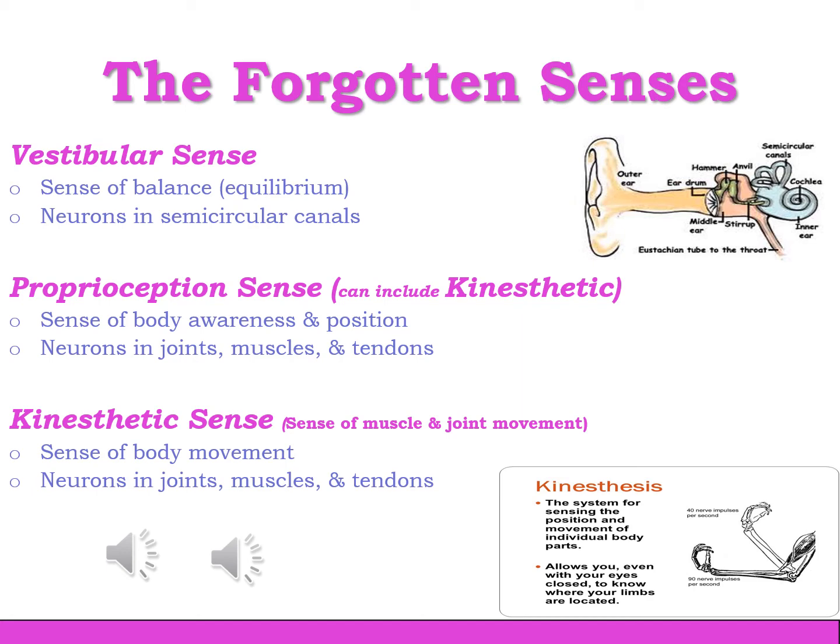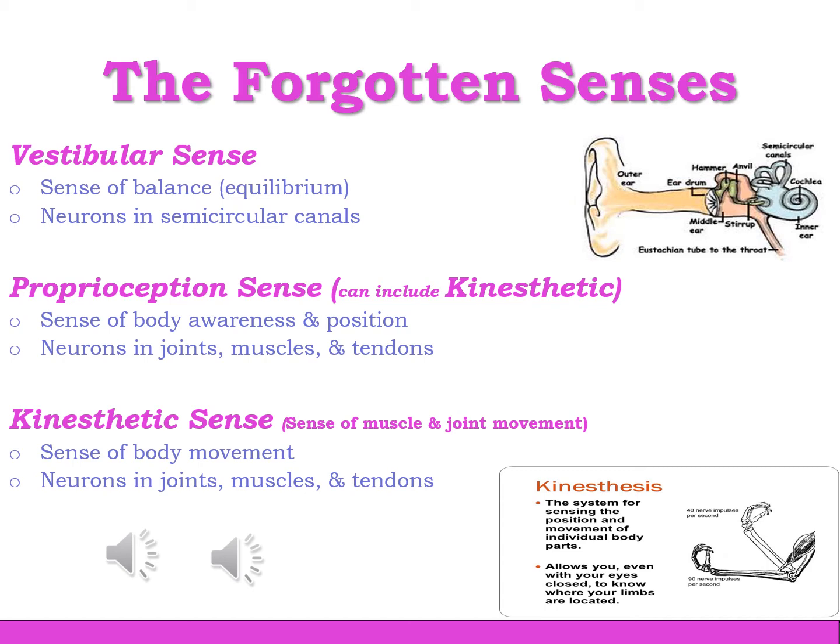They give us a sense of muscle movement and also body awareness. Now, as I mentioned, some authors will include kinesthetic sense as part of proprioception. Other authors will list it separately, which is another reason why we can get many answers to the question of how many senses are there.